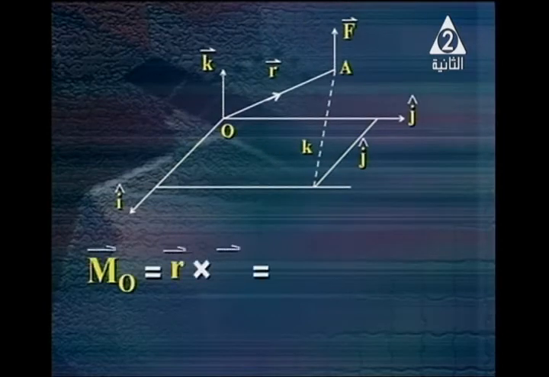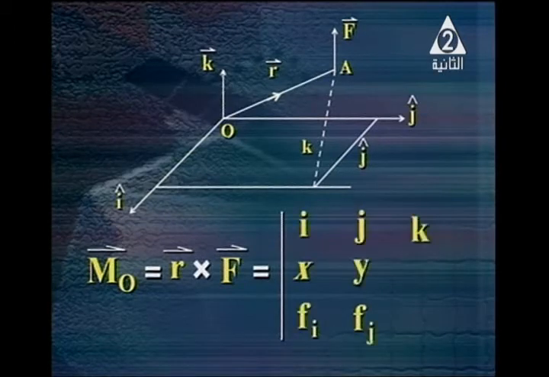Then the moment of the force F about point O equals what? Moment about point O equals R vector cross F vector. Look at the figure. OA represents the R vector. R vector equals X, Y, Z. F vector equals Fx, Fy, Fz. By substitution, we use a determinant to find R vector cross F vector.